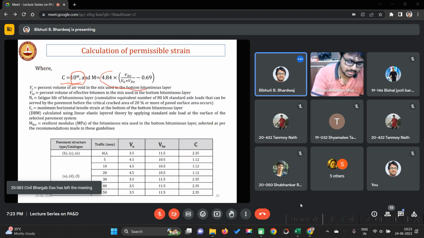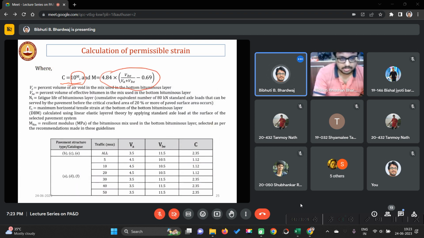M is this. Basically this VB, VA, all those things: VA is the percent of air voids in the mix. So if we place the bituminous mix and compact it using rollers, there will still be some voids inside. So this is the percent of air voids. PV is the percentage of effective bitumen.